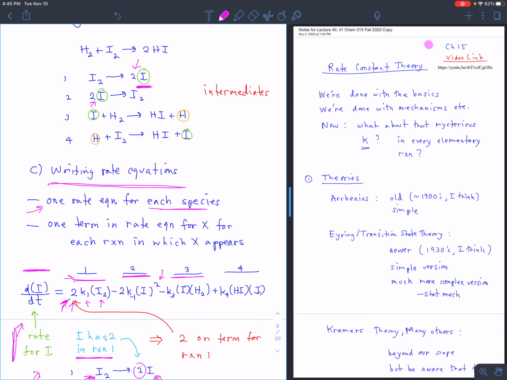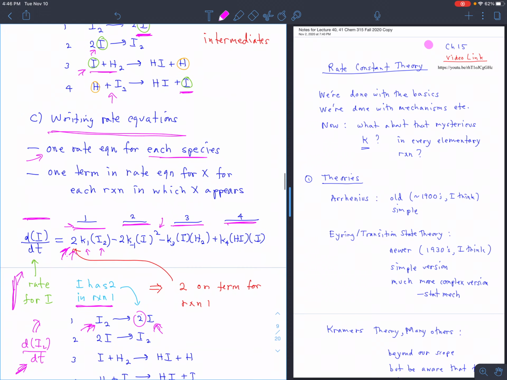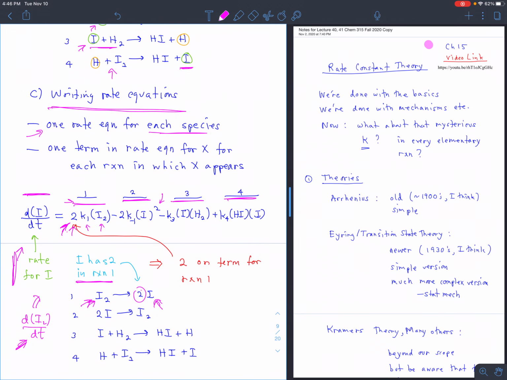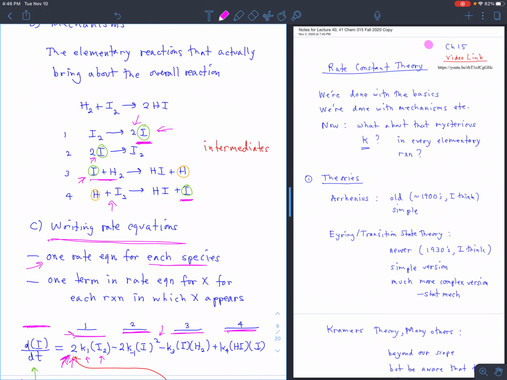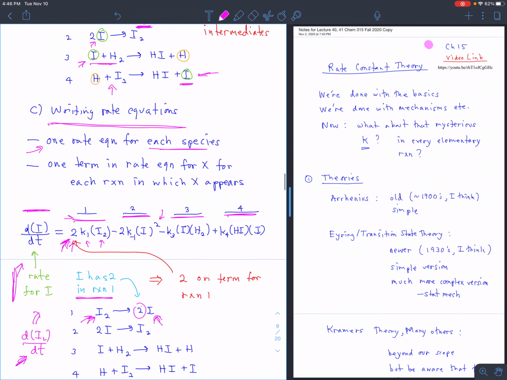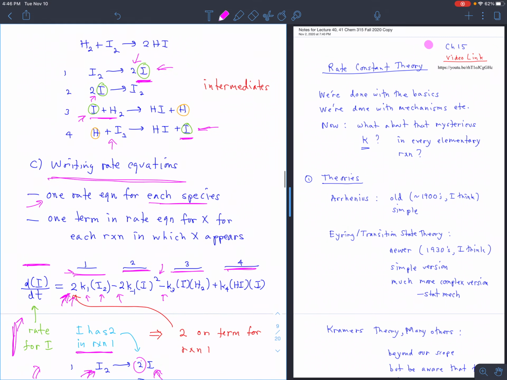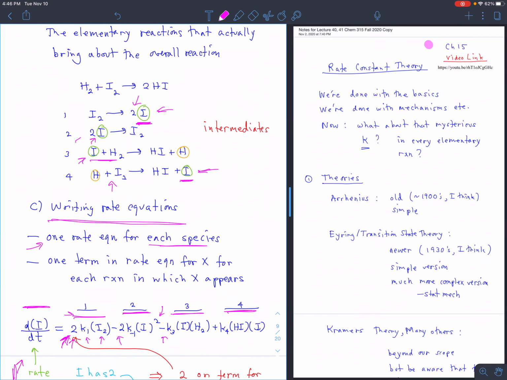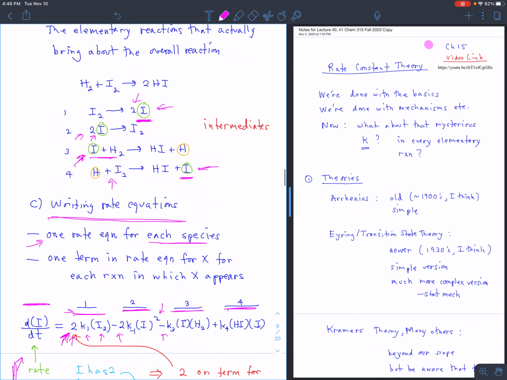Here's the term from reaction 3, which is again a second order reaction. Here's the term from reaction 4, which is a second order reaction producing an I on the other side. Notice that the plus signs apply whenever I is created in reactions 1 and 4, and minus signs apply whenever I is consumed, as it is in reactions 2 and 3.